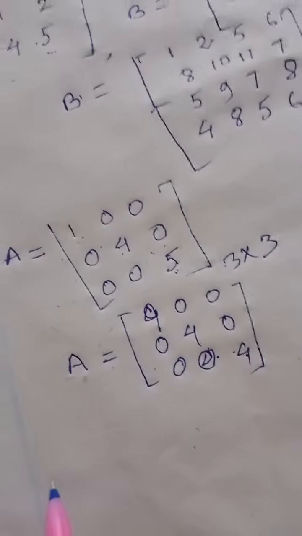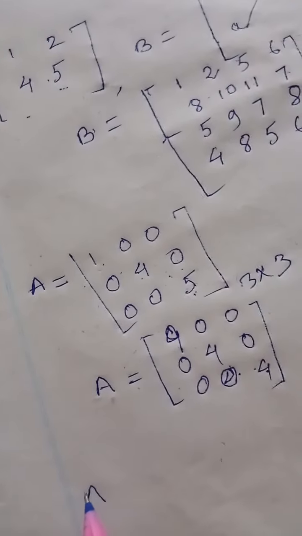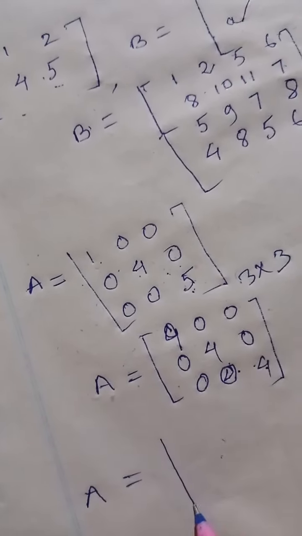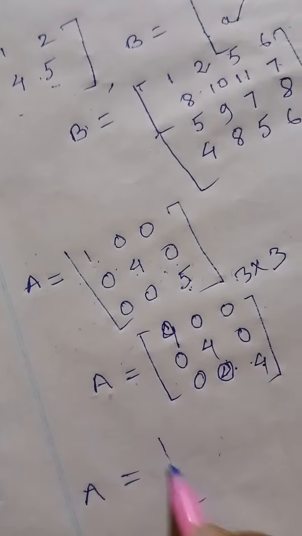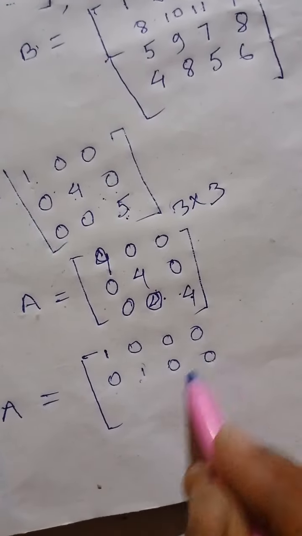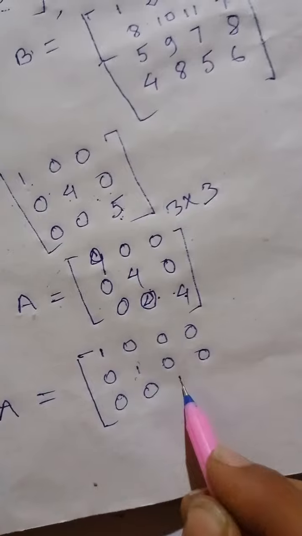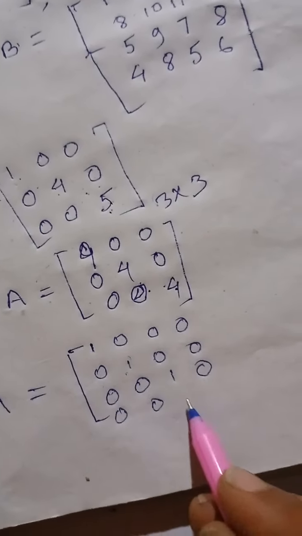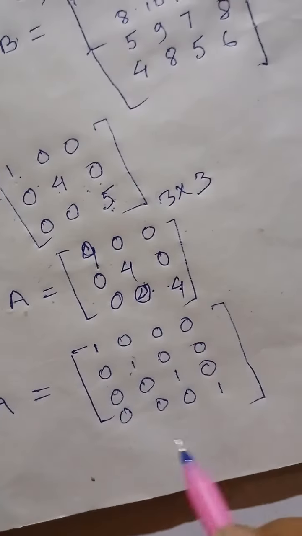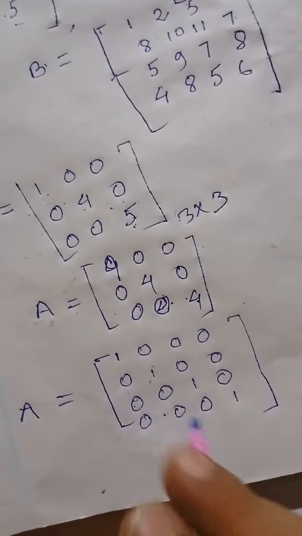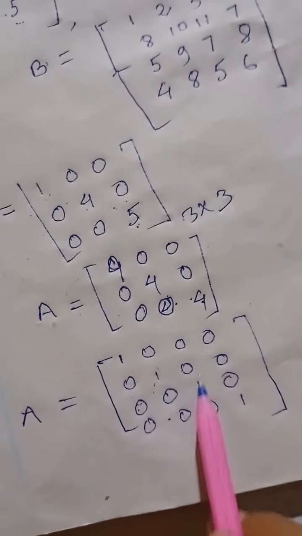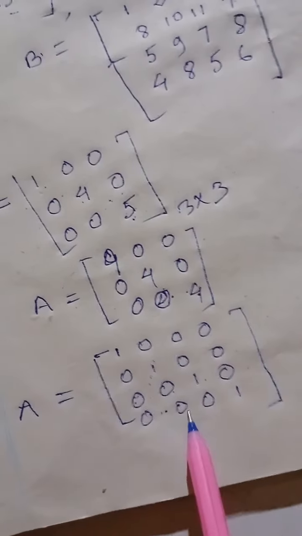More example, let a matrix A 1 0 0 0 0 1 0 0 0 0 1 0 0 0 0 1.